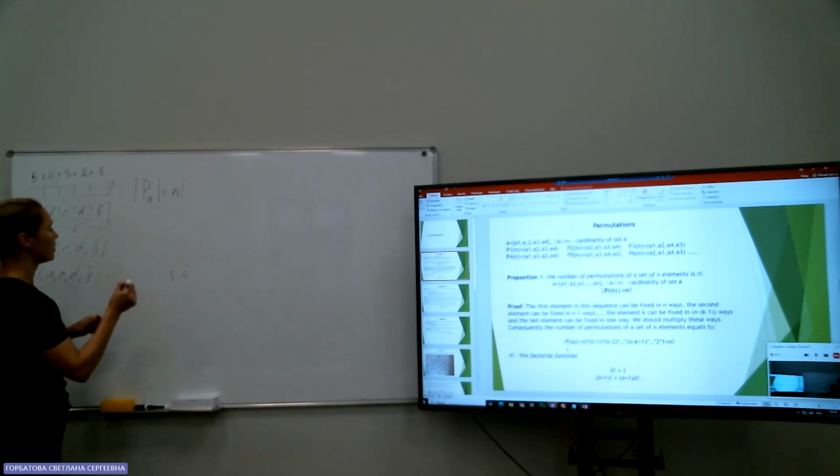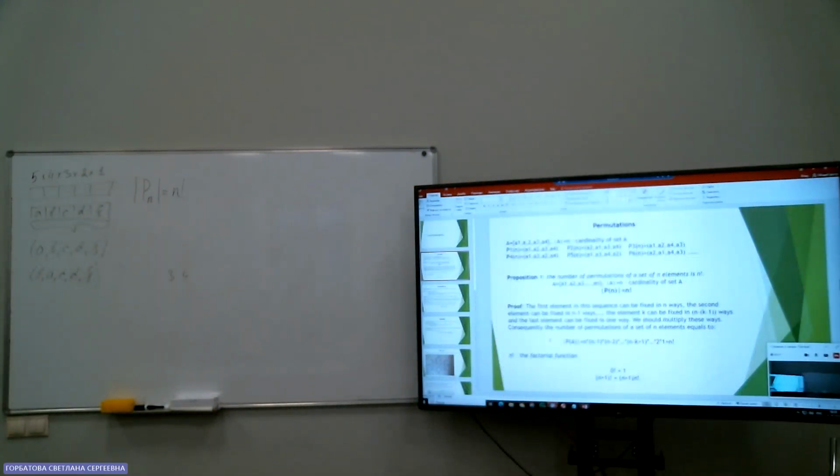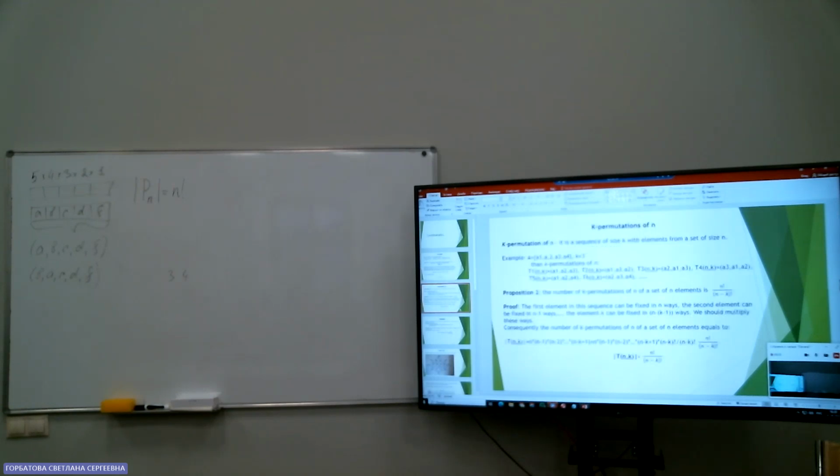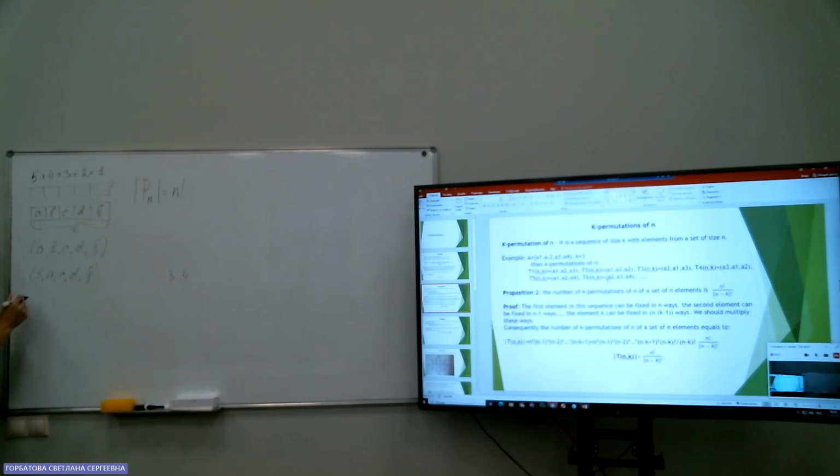The next configuration, it is k permutations of n elements. So k permutations of n elements, it is a sequence of k elements which we take from n elements.